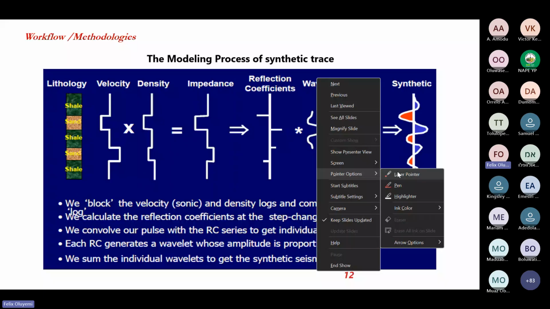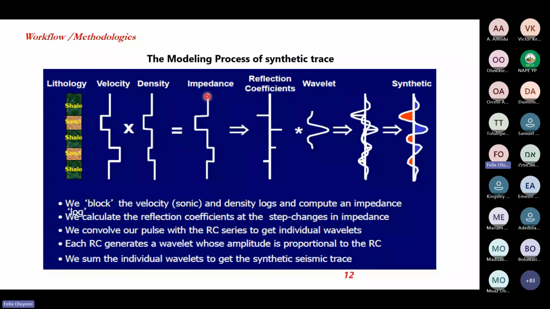But when you are moving from high acoustic impedance to low acoustic impedance, what you are going to see on your reflection coefficient is negative. However, when you are moving from low acoustic impedance into high acoustic impedance, what you are going to see is a positive reflection coefficient. So this is very key, and you need to understand this.